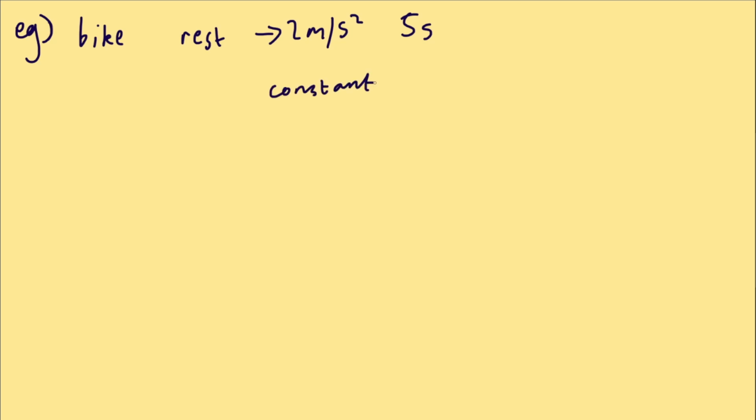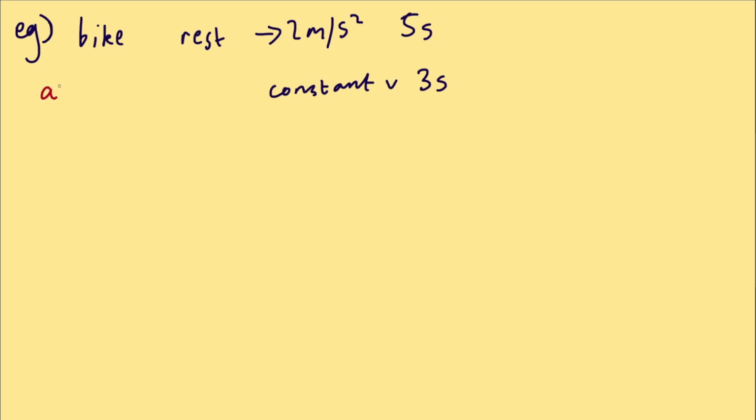Now I'm going to give you your own problem to try and solve. Get ready to do some thinking. So we have a bike and it starts at rest and accelerates at 2 meters per second squared for 5 seconds. And then it travels at a constant speed for another 3 seconds.